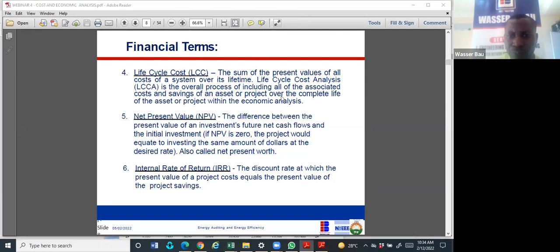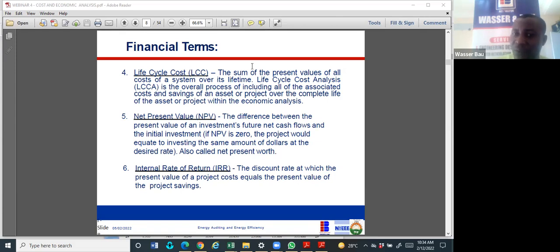Okay. Then the next one is the net present value. Now, whenever you hear the word net, it is talking about the difference between these two things. So the net present value is the difference between the present value of an investment's future net cash flow and the initial investment.